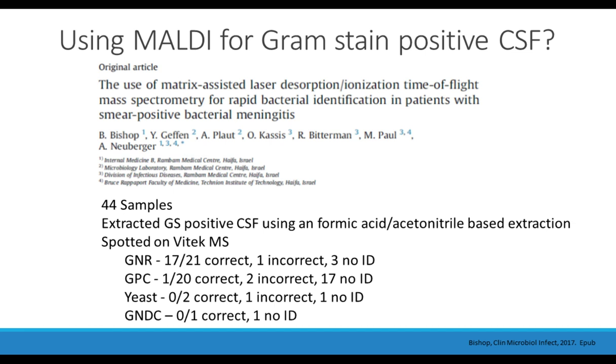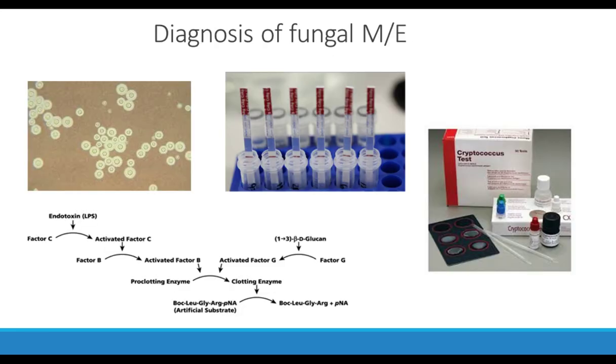There wasn't necessarily a lot of useful information coming out of it. In the case of gram-positive cocci, 1 out of 20 was correct, but 2 out of 20 were incorrect. So you were actually more likely to get an incorrect result than a correct result. So it's an interesting publication. It shows some potential, but clearly it's not the answer.